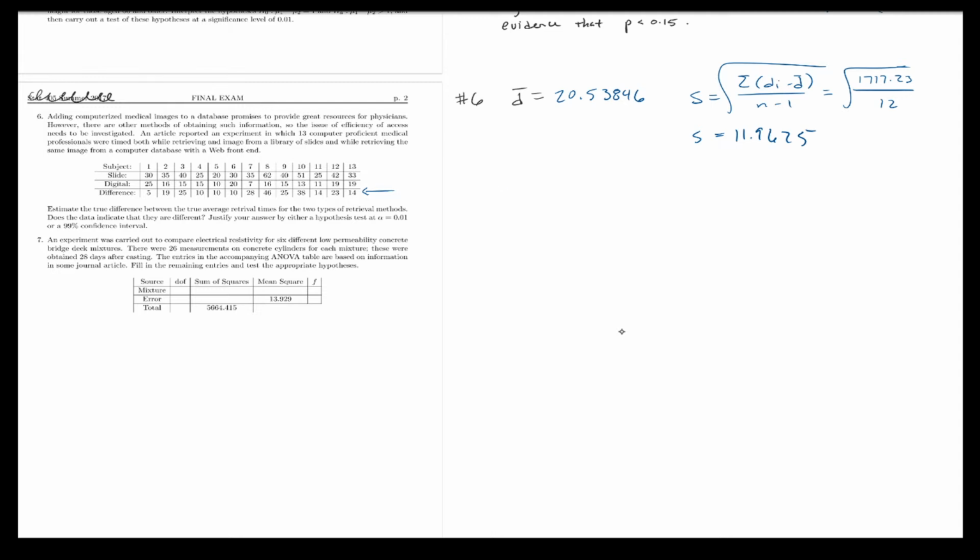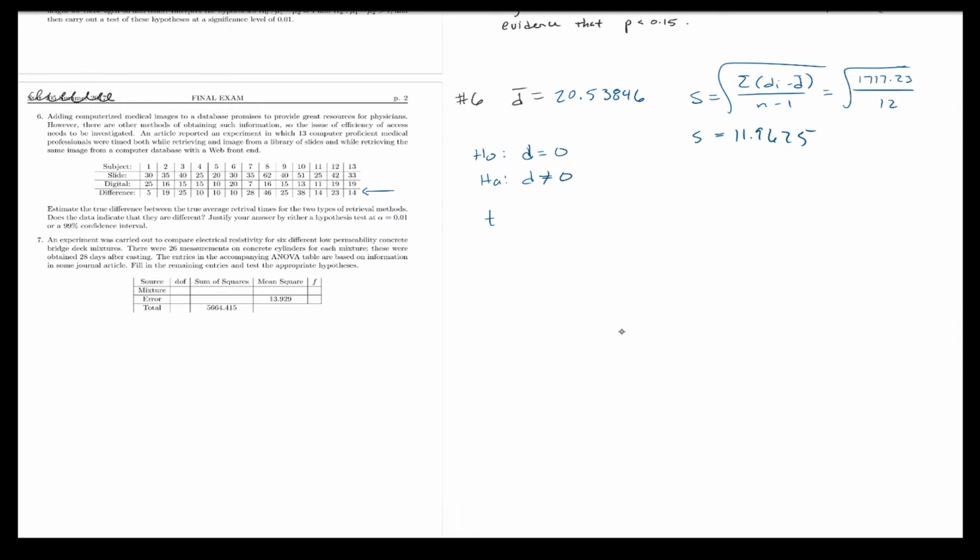So H0 here is that the difference is 0, D equals 0. It does say they are different, so the alternative is D not equal to 0.